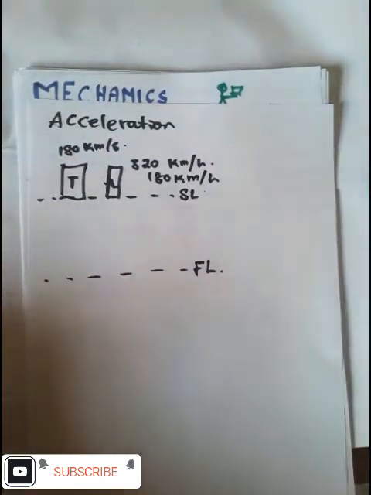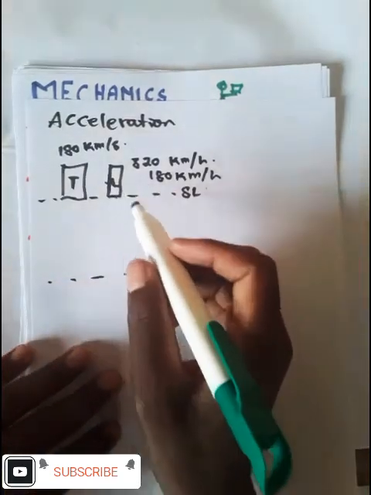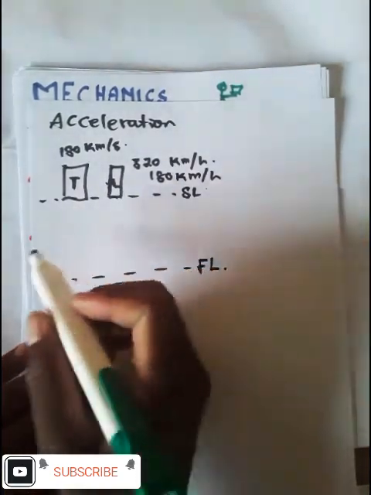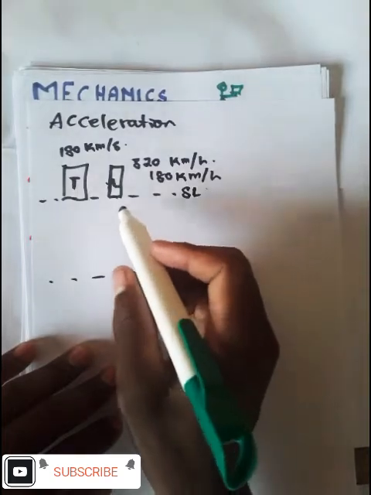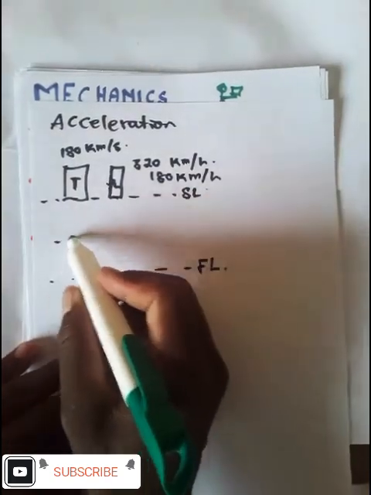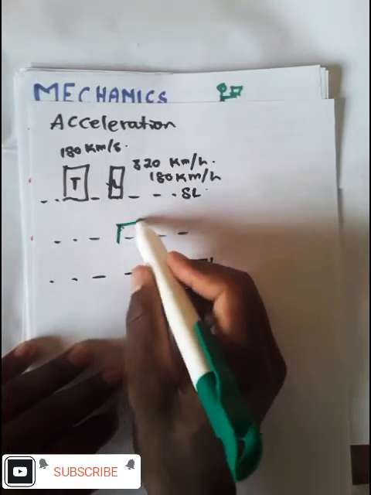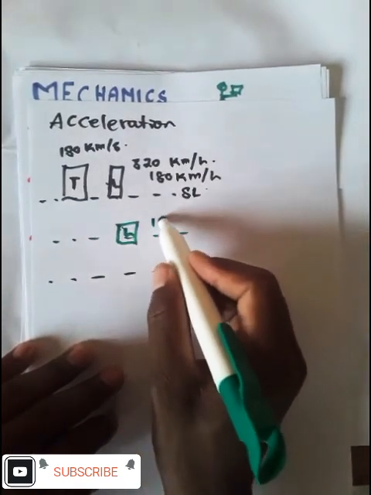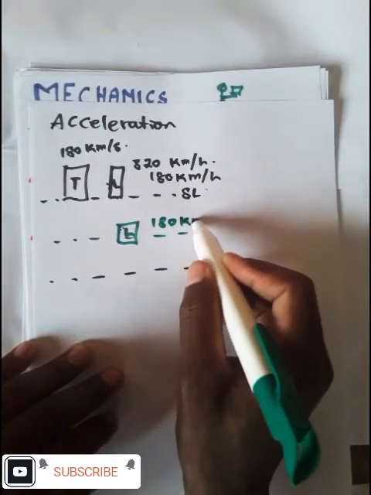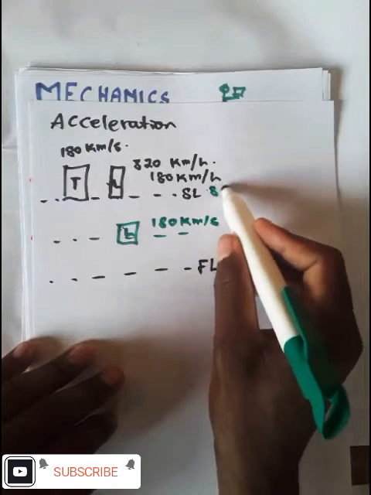But guess what is going to happen? When they start racing, this Lambo is going to take, let's just say, 10 seconds. When they're at the midpoint, the Lambo has a speed of 180 kilometers per hour, and when they started, the speed of both was 0.